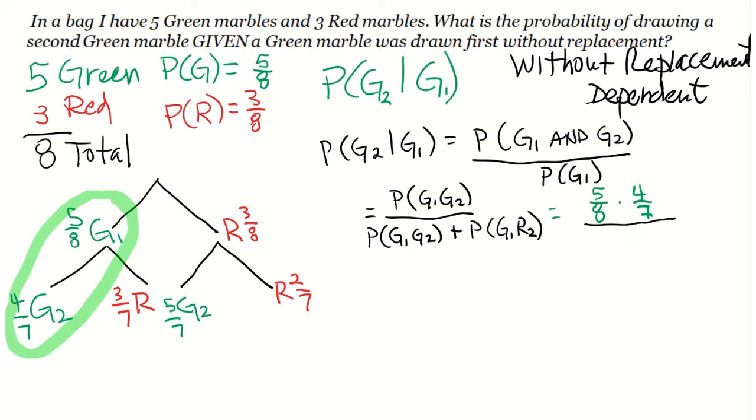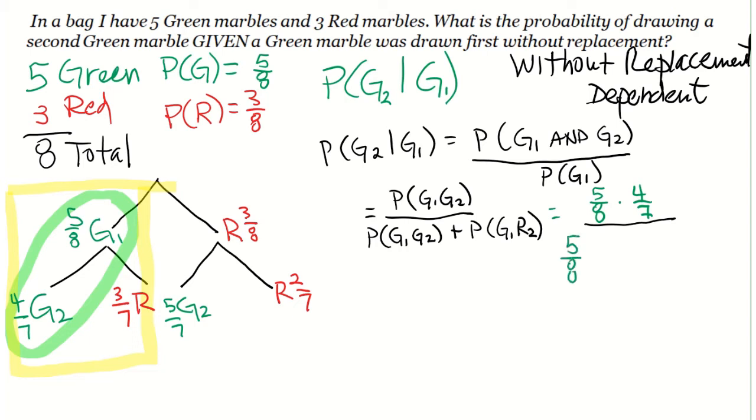Now on the denominator, we are looking at the sample space that includes G. So that is including all of this space right here, all of the probability of G. This is my sample space that includes G. And we're first going to write what we just did, our G1 and G2.